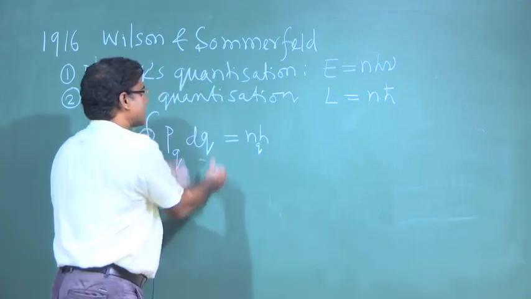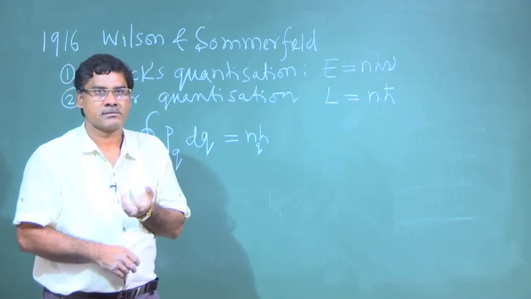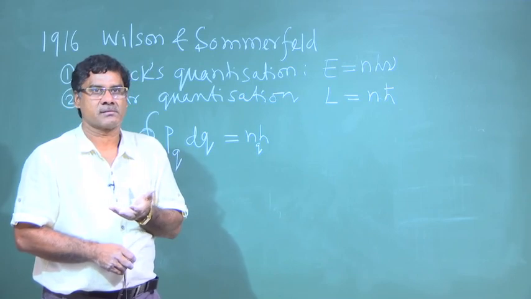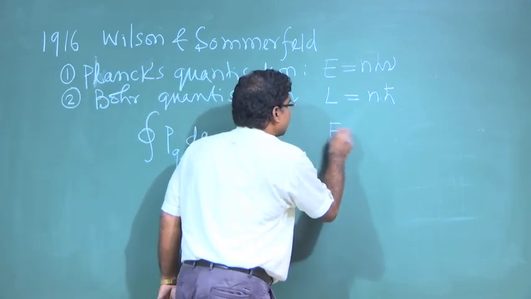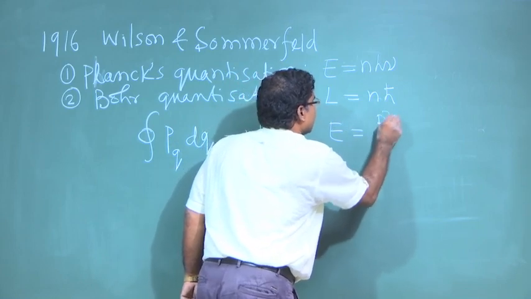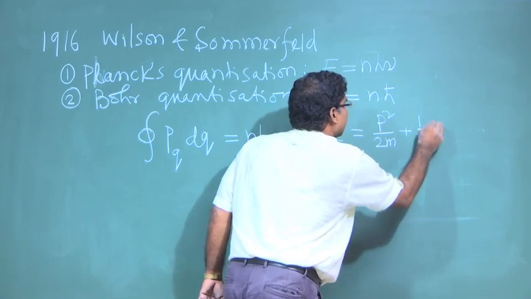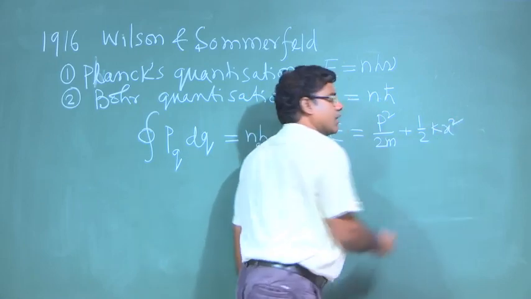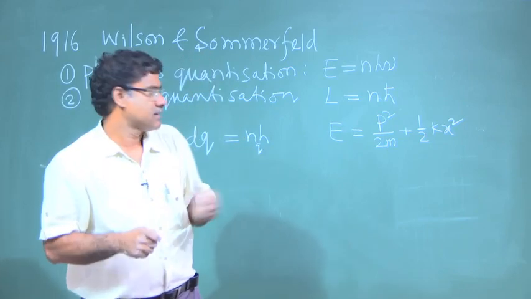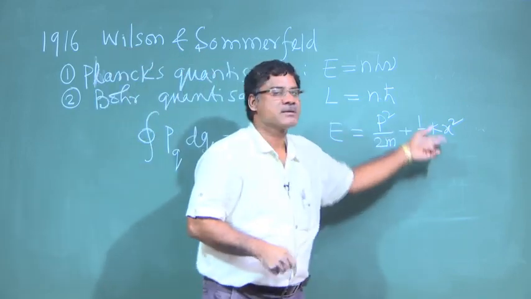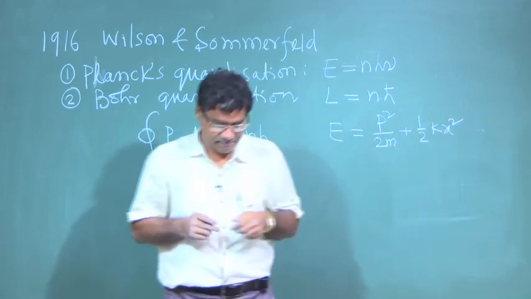Now just consider the simple harmonic oscillator. What is its energy? E equal to p square by 2m plus half k x square. You remember a spring mass system oscillating. This k is the spring constant. So, this is the potential energy, this is the kinetic energy.